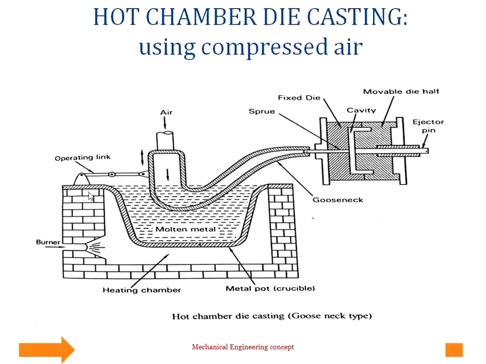Once it fills, the gooseneck is raised with the help of a link. The neck part is positioned in the sprue of the fixed part of the die. Now, the compressed air is blown from the top, which then forces the liquid metal into the die cavity.